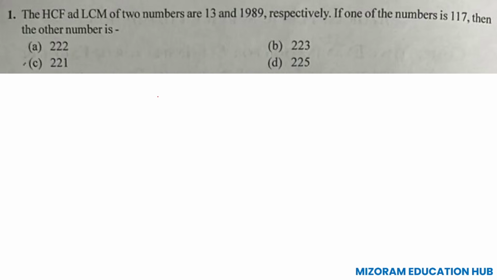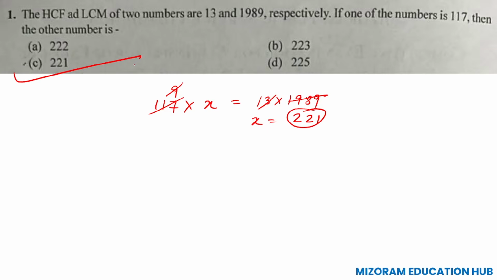So the first number is 117, and let the other number be x. The product of HCF and LCM is 1989. So 117 x equals 13 times 1989. 13 nines are 117, so cancelling 9 and 13, we get 221. 221 is the correct answer, option C.